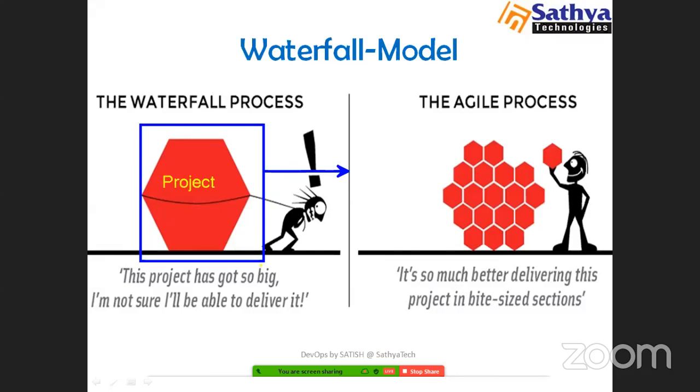And if you go with the agile model, you can focus on one module at a time. Focus on the first module. If it's done, then go with the next module, then one more module. So in the agile model, you work on one module at a time. Now tell me which one is preferable here. Yes, agile is the preferable one.